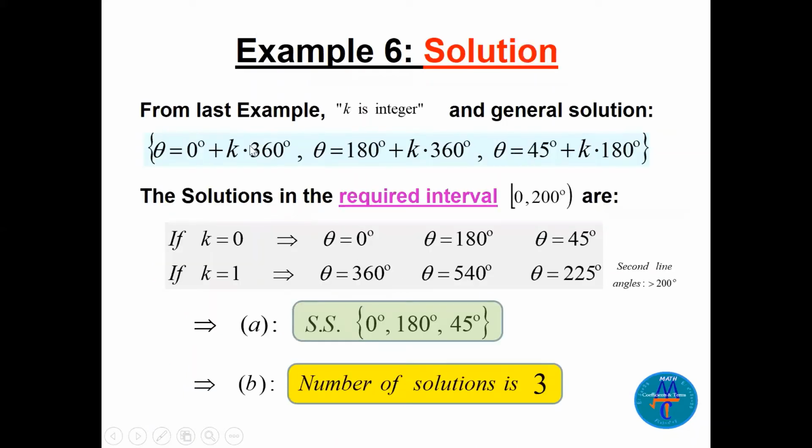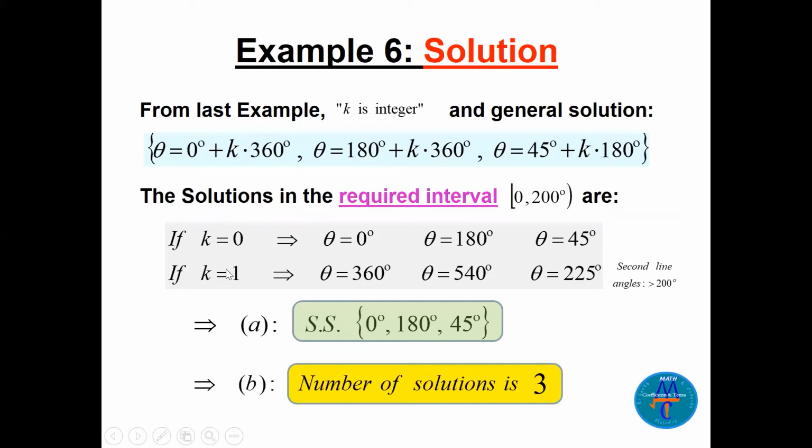So we can borrow the general solution from the last example. See, that's the general solution from the last example. Now the solution is in the required interval, so we can put k equals 0, k equals 1, k equals 2, k equals 3, k equals -1.